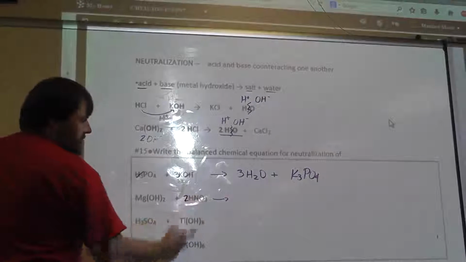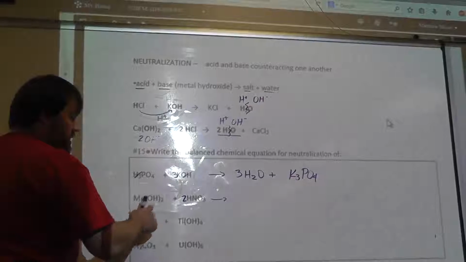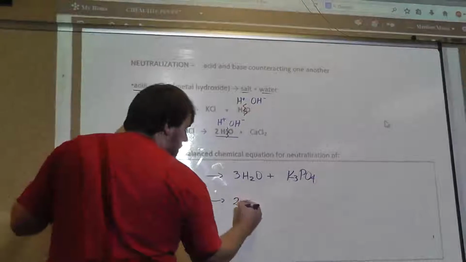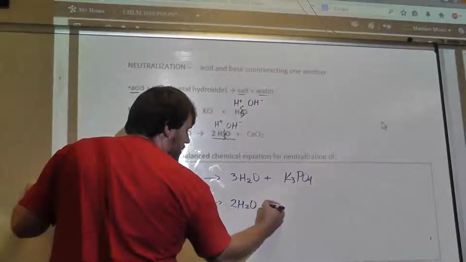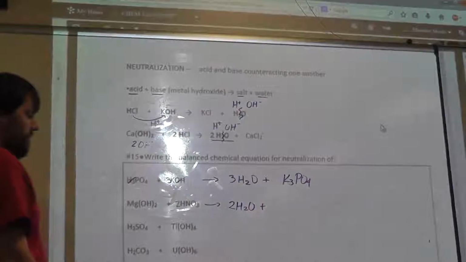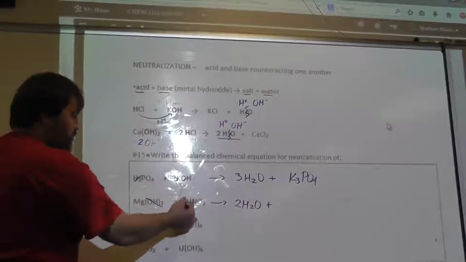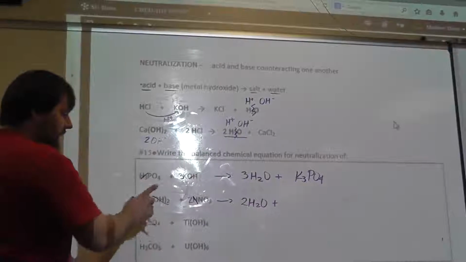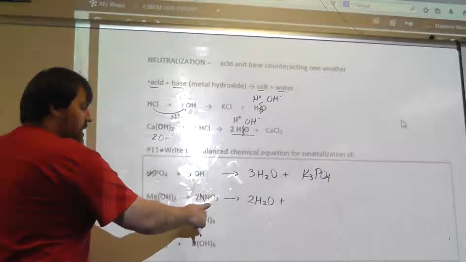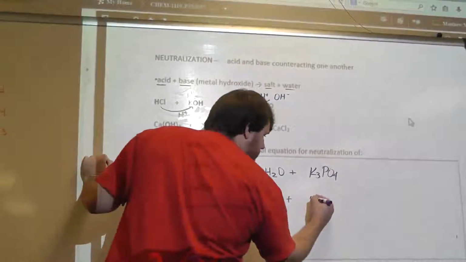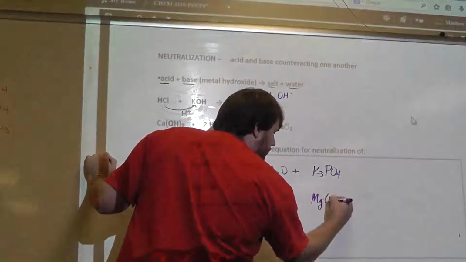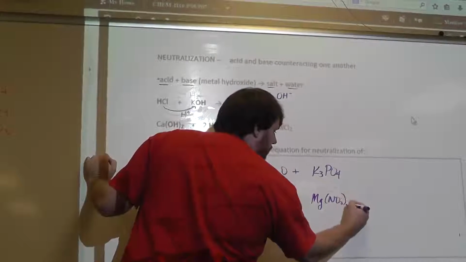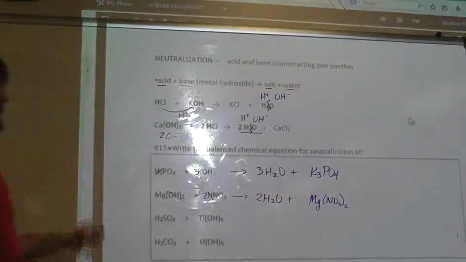So I need 2 hydrogens there. 2 hydroxides, 2 hydrogens give me 2 waters. What's left? So these are gone. All I've got left is a plus 2 magnesium and 2 minus 1 nitrates. So you're going to put those together, and you'll get magnesium nitrate.